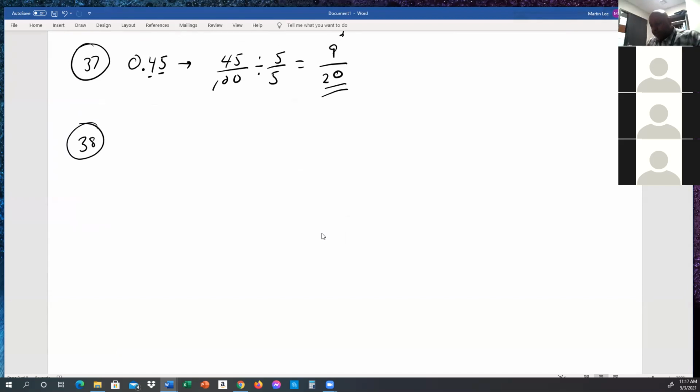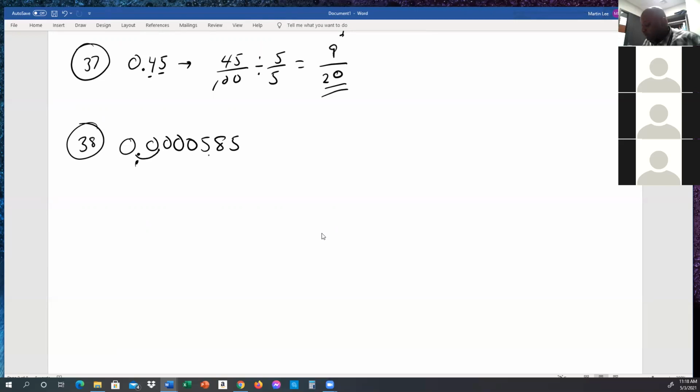Okay, number 38, write the number in scientific notation. 0.123, 4 zeros, then 5, 8, 5. Well, I know I need to get this decimal point between the first two numbers.